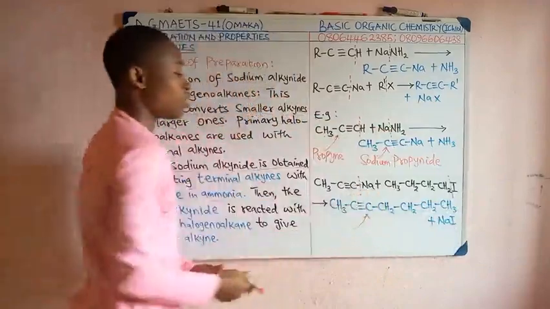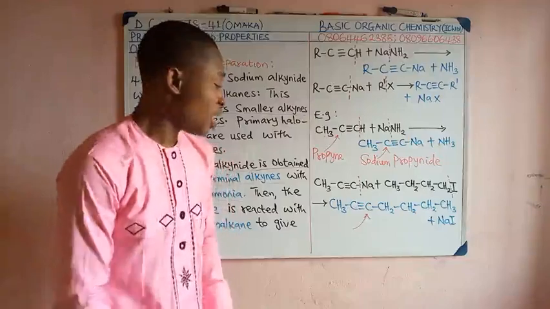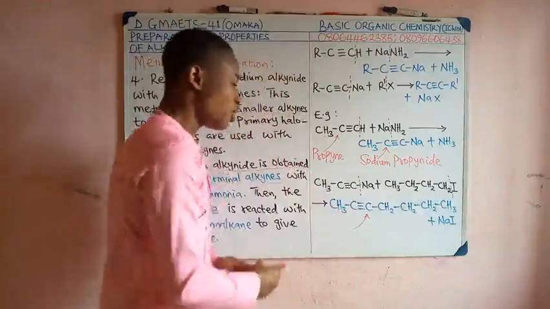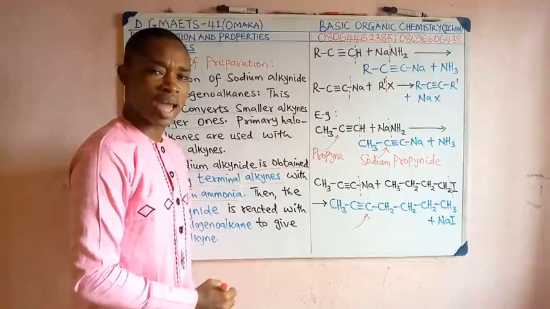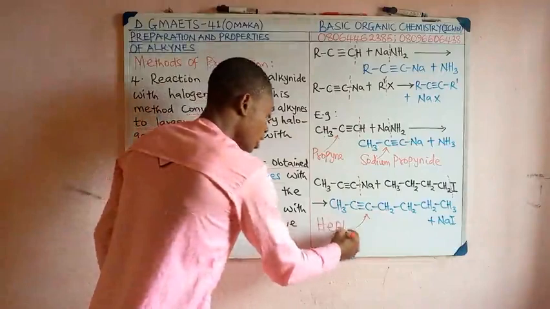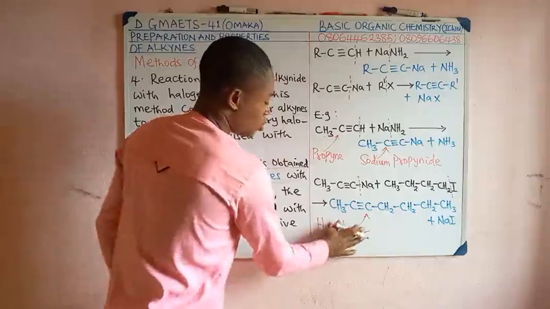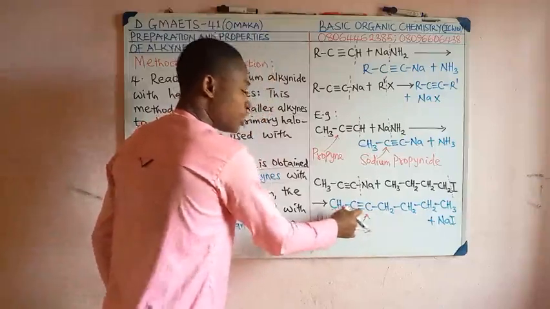This compound, let's find out the name. How many carbons do we have here altogether? I guess it should be 7. And the triple bond is closest to the left than it is to the right. So this compound is 7 carbon atoms. The prefix is hept. So this is going to be hept-2-yne, because the triple bond is on carbon number 2 here. After the second carbon atom, you see the triple bond.